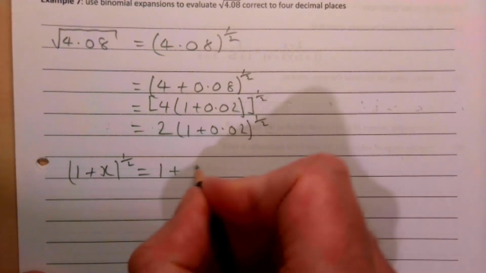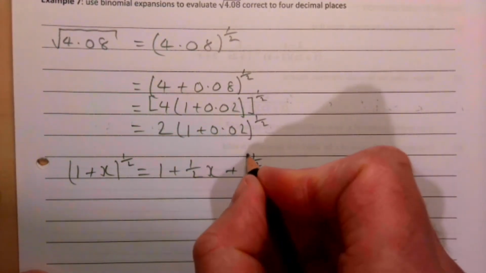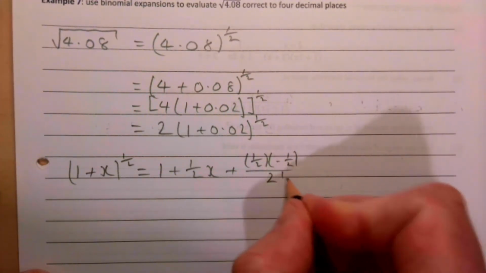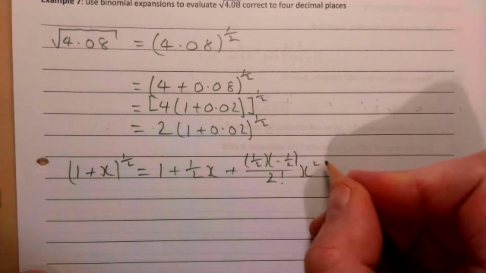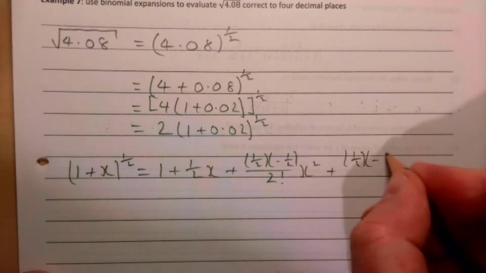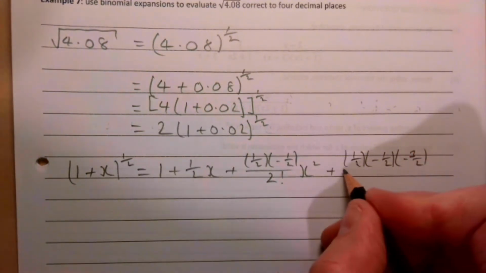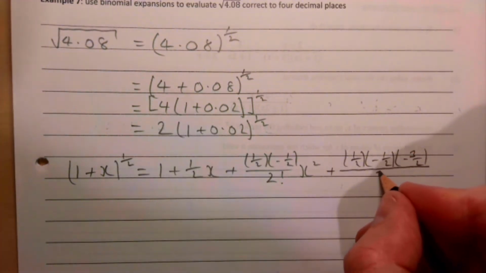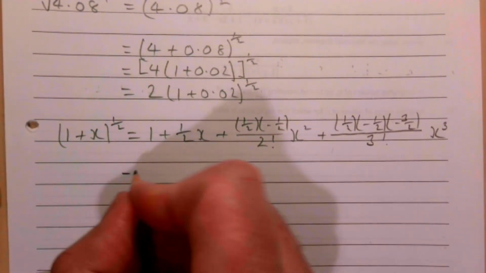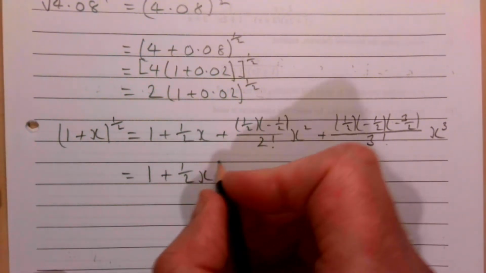So it's 1 plus a half x plus a half times minus a half all over 2 factorial x squared plus a half times minus a half times minus 3 over 2 all over 3 factorial x cubed, and that's then 1 plus a half x.